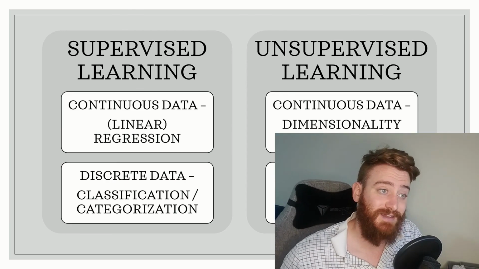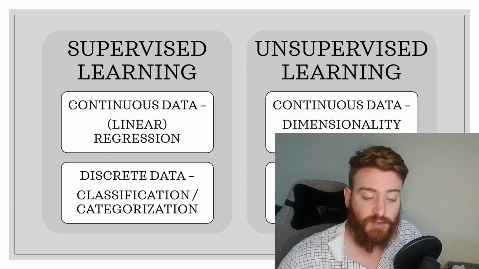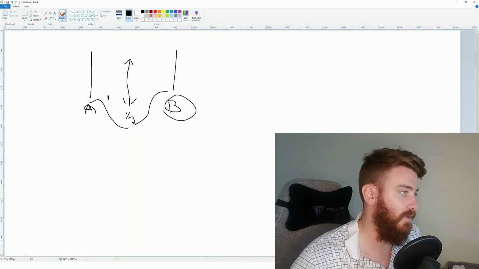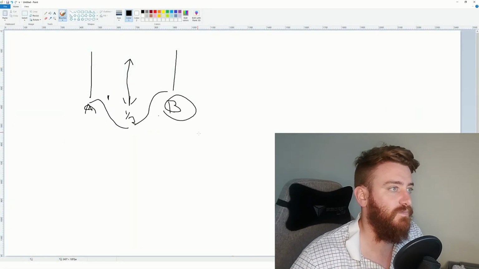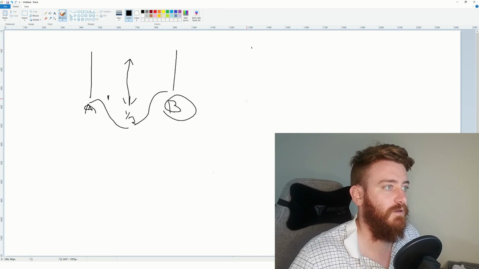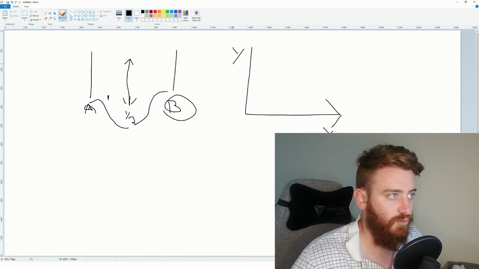Unsupervised learning for continuous data is dimensionality reduction. So going back to my terrible drawings here, where is my cursor? Oh, way down there. Okay. If we look at a normal XY plot, that's in 2 dimensions, right?